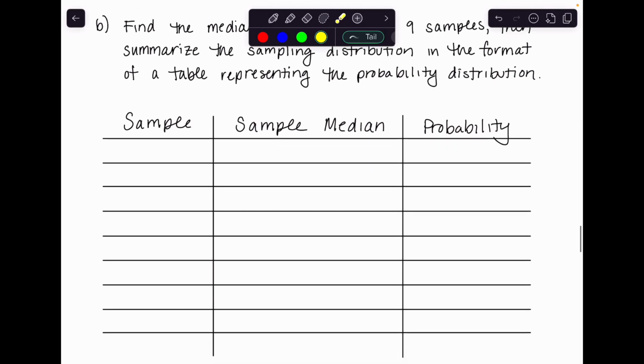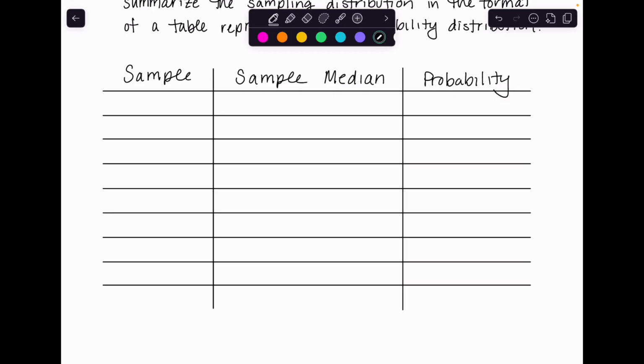So we have 3 different data values, and we have 9 samples to go through. So 3 can get paired with 3. It can also get paired with age 4 and also get paired with age 11. Then 4 can get paired with 3, with itself, and with 11.